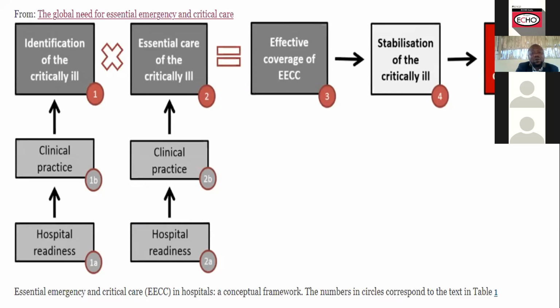This needs parameters of hospital readiness to manage the critical case, and also clinical practice, the way you manage cases following those protocols and guidelines. Hospital readiness and essential care will lead to effective coverage of essential, emergency, and critical care, and at the end, stabilization of the critically ill patients, which gives the chance of increased survival of the critically ill in your setting.